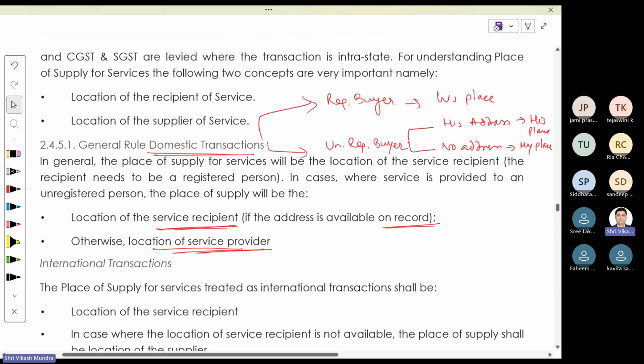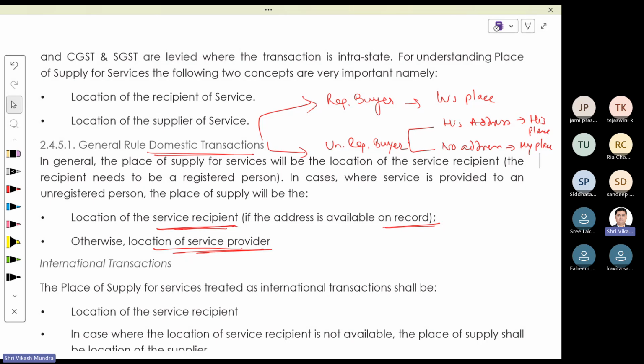Again, I am repeating: in case of a domestic transaction relating to supply of services, if I am providing services to a registered buyer, in general, the place of that registered buyer would be considered as the place of supply.